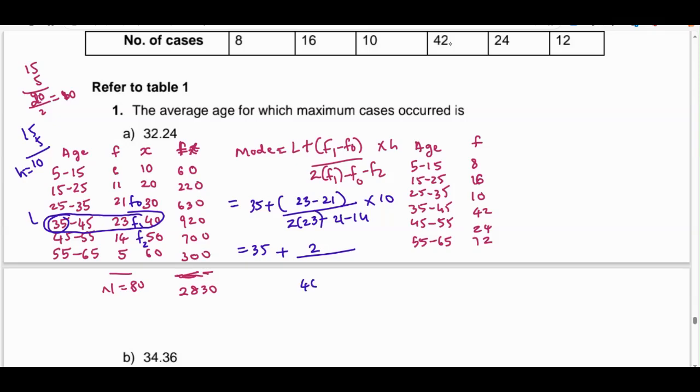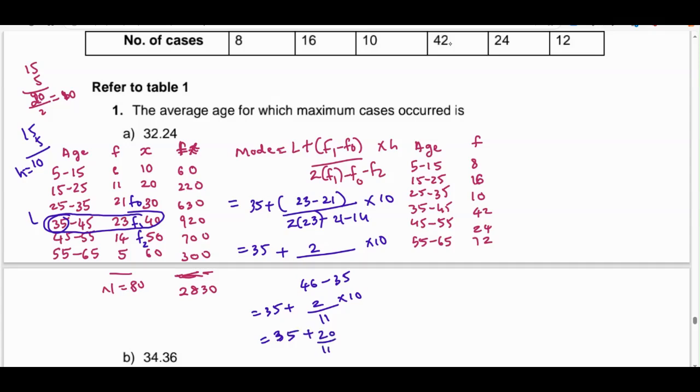So it is 46 minus 21 minus 14 is 35, into 10. So it will be 35 plus 2 divided by 46 minus 35 is 11, 11 into 10. So it will be 35 plus 20 divided by 11.